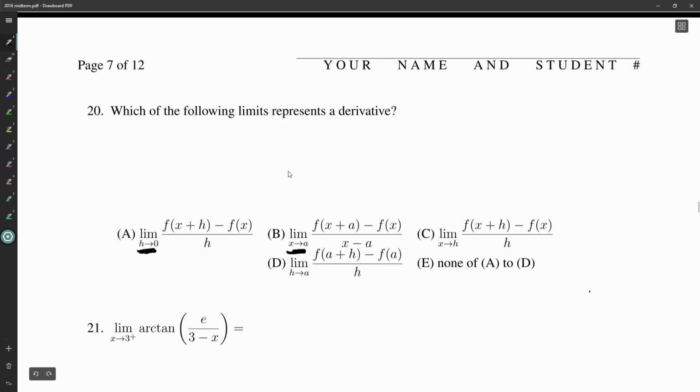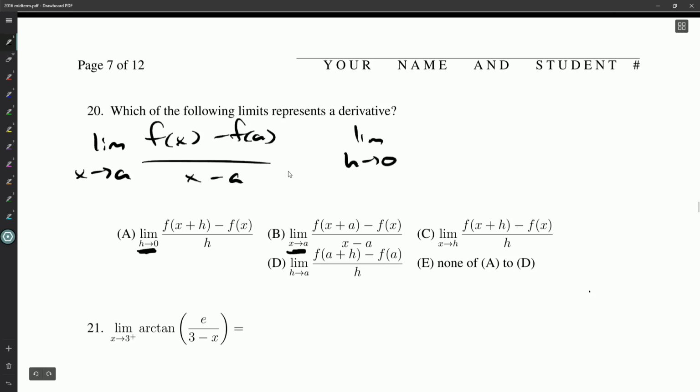Okay, and so we only know 2 forms of first principles derivatives. So quickly scroll those down and see, have we got either of those present?